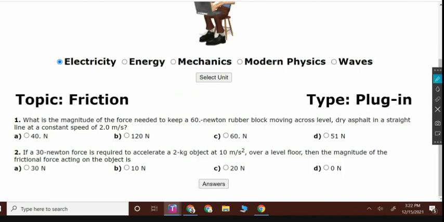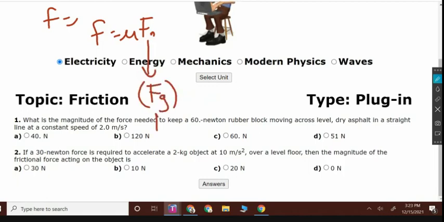Friction, there are 2 kinds. Friction is mu times normal. On a horizontal surface, you have to know as soon as you read that, oh, that's Fg, that's newtons. Where do you get the mu?